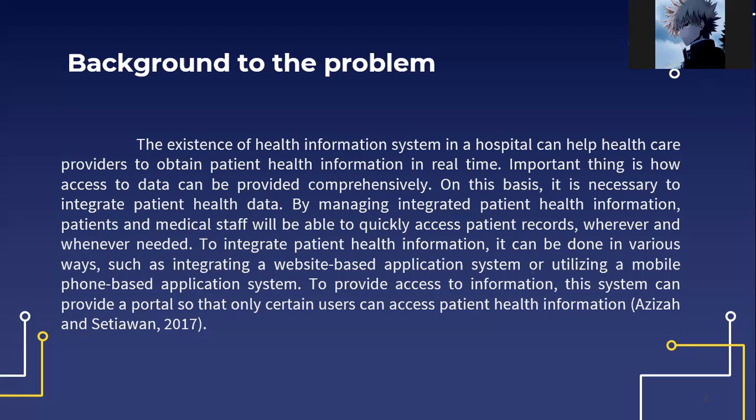Integrating patient health information can be done in various ways, such as a website-based application system or a mobile phone-based application system. To provide access to information, the system can provide a portal so that only certain users can access patient health information.